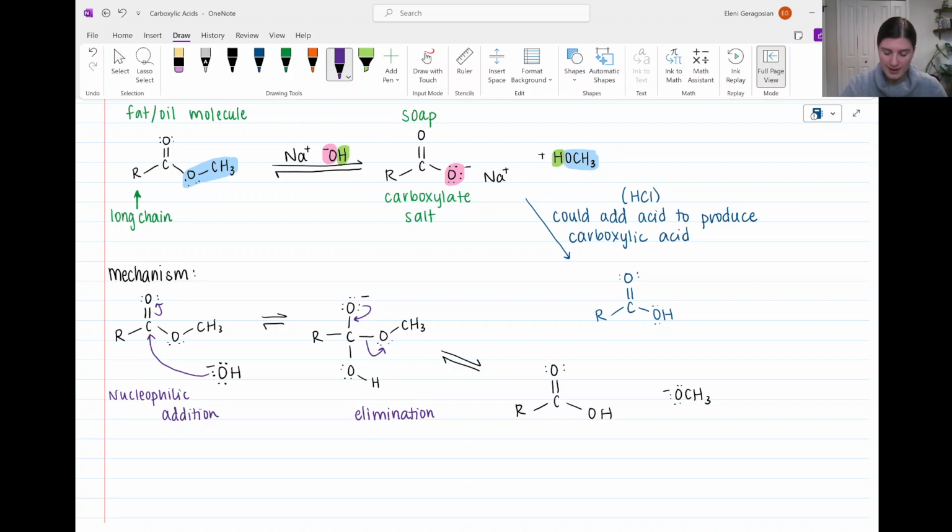And now let's emphasize this OH bond here. That will come into play in this step of the reaction. We have a carboxylic acid, slightly acidic, pKa is about 4.8. And we have a negatively charged oxygen present. So this last step is a proton transfer reaction.